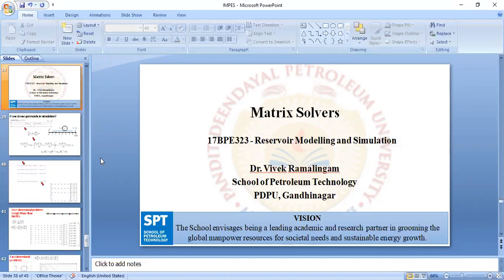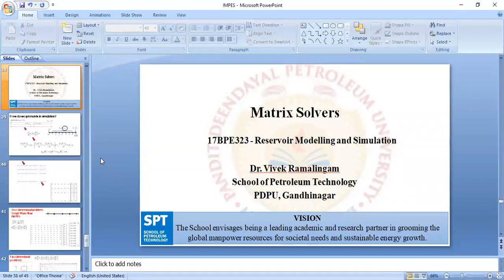Once we get a set of algebraic equations, we rearrange it into a matrix form. Based on our earlier activities in this course, we have understood that we will end up in a set of linear equations.